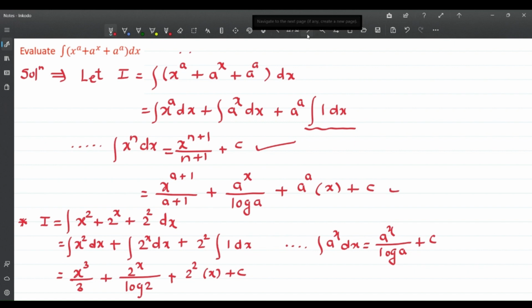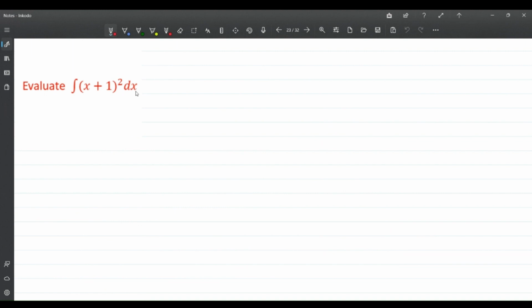Next, second problem: evaluate integration of x plus 1 bracket square into dx. How can we solve this integration? First take it as capital I. We know the formula for a plus b bracket square: consider this as a, the middle sign is plus, and consider this as b.